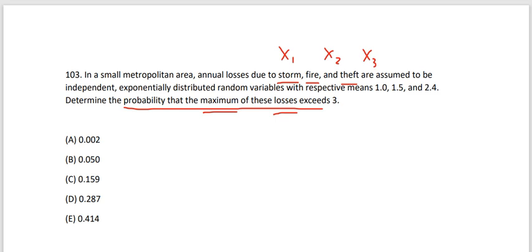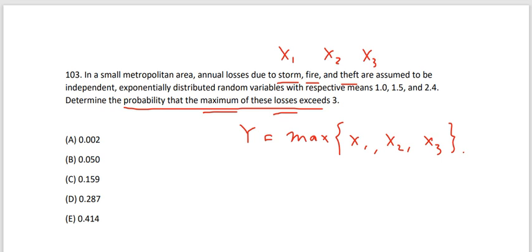So what we want to find? Let Y equal the maximum of X1, X2, X3.